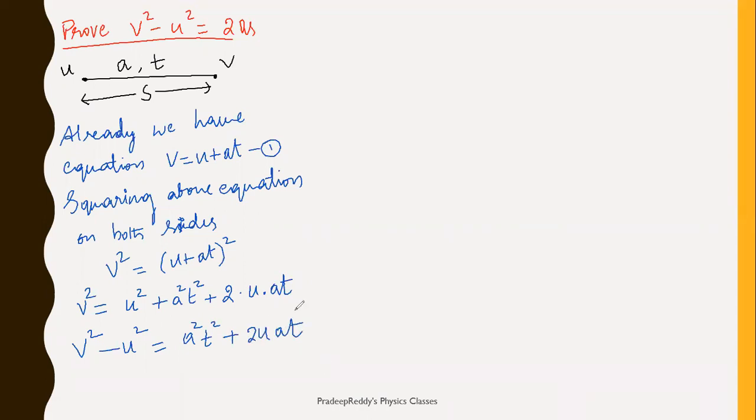Okay. Now the right hand side, we have a square t square plus 2uat. So from the right hand side I could take at common because it is in both terms.